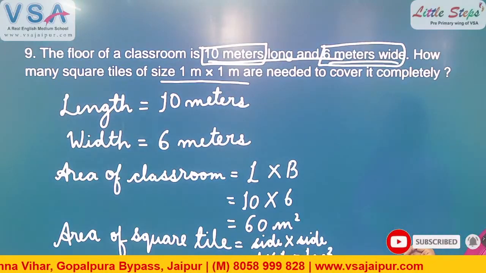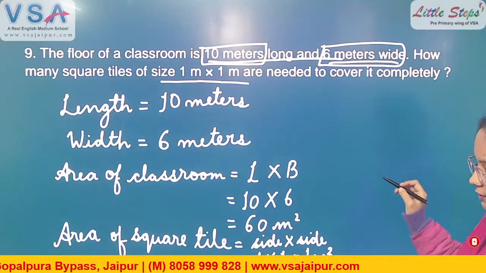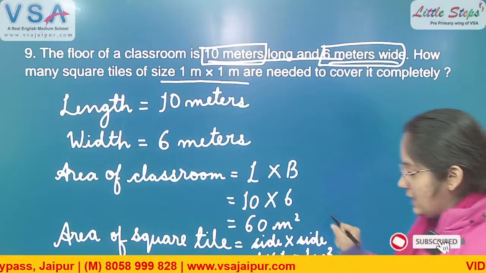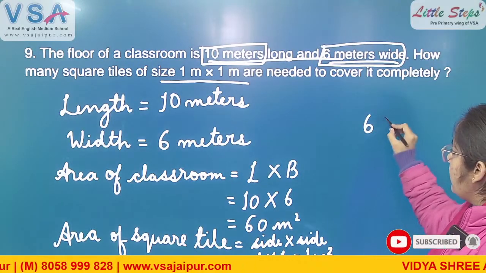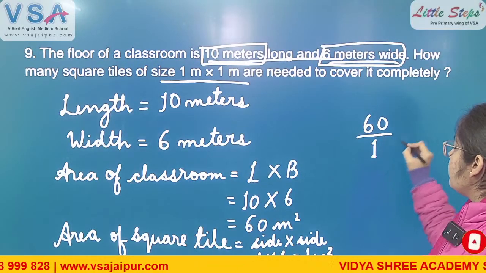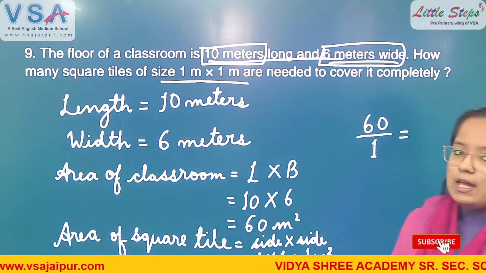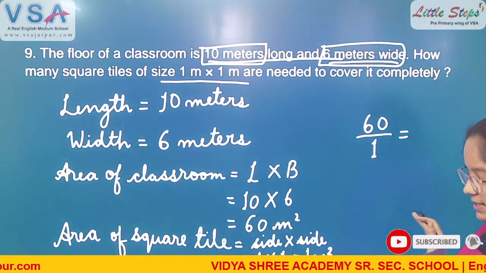So when it is 1 meter square, what we will do? We will divide both of these, that is 60 divided by 1. And we know whenever we divide any number by 1, the answer remains the same.